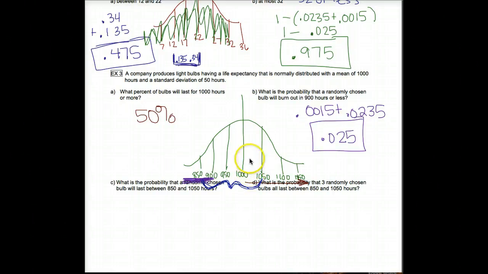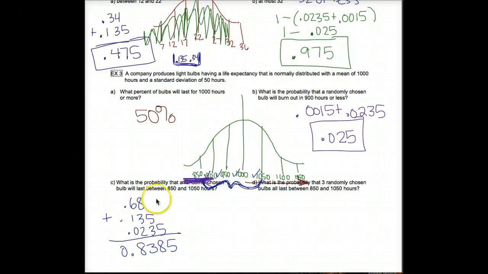So what I would do is, I know these are both 0.34, so that gives me 0.68, and then I'm going to add, so I did this part, I did this part, now I need this one, which is 0.135, and this one here, which is 0.0235. So I add all three of those up, I get 0.8385. That is the probability that it'll last between 850 and 1,050 hours.